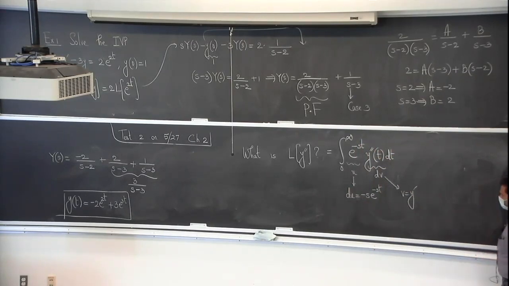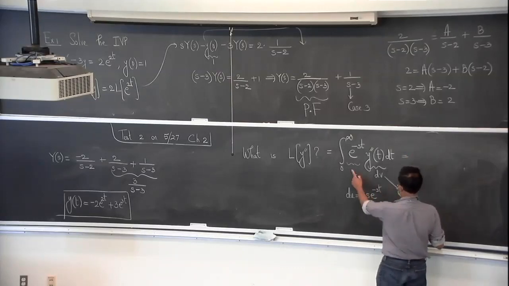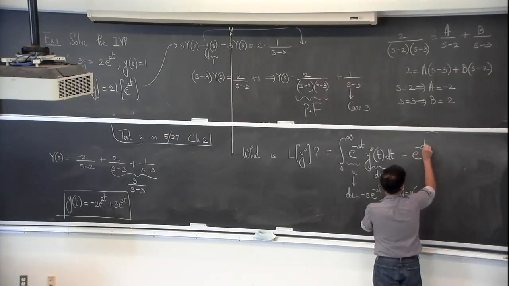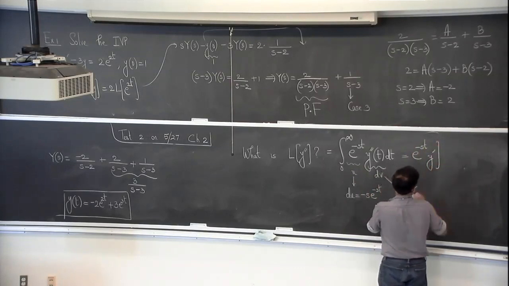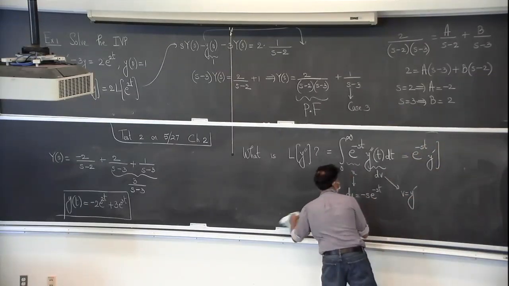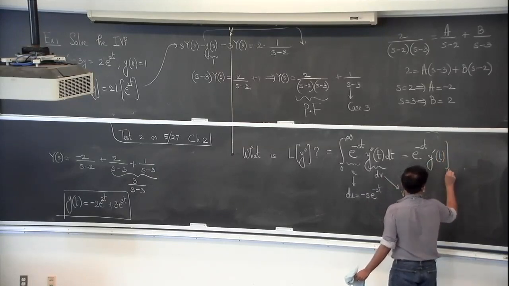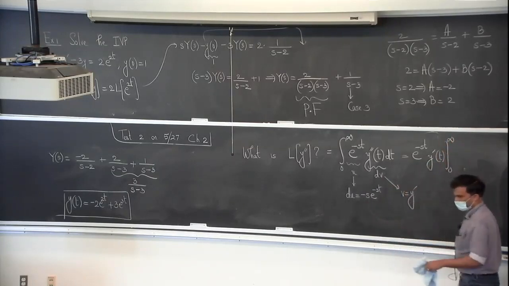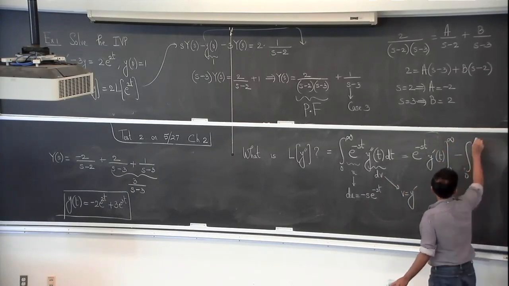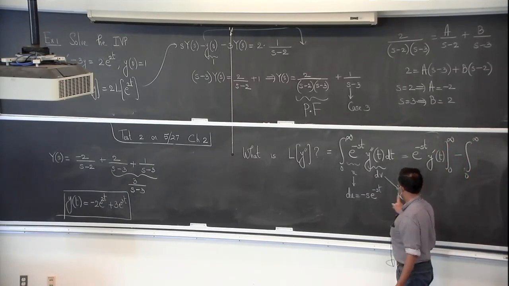One derivative lower. So this is going to be uv, which is e to the power of negative st times y prime of t, and I'm going to cheat a little bit, from 0 to infinity, minus the integral from 0 to infinity of v du, which is y prime times this term.